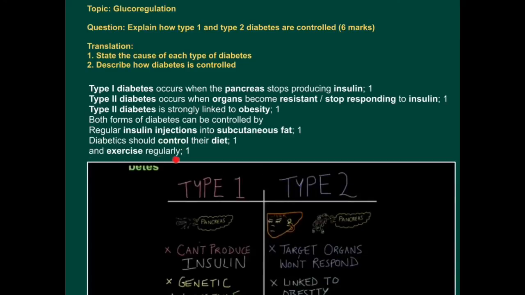And also, they can exercise regularly, so diabetics can control their blood sugar level by exercising regularly, because obviously we use glucose when we exercise for respiration. So all we've done is explain what type 1 diabetes is, what type 2 diabetes is, and how we control both of them for 6 marks.